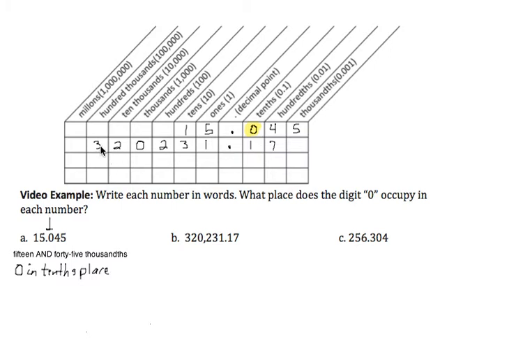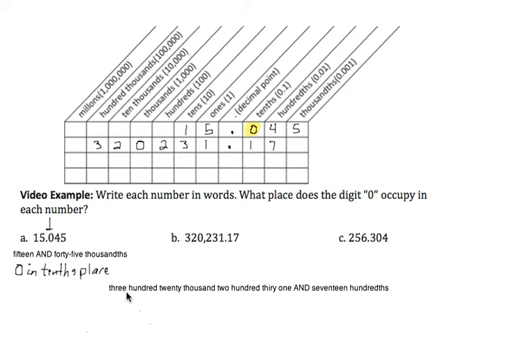So I start with the first digit 3, which is in the hundred thousandths place. So if I'm going to read this number, I'm going to read it as 320,231 and 17 hundredths.